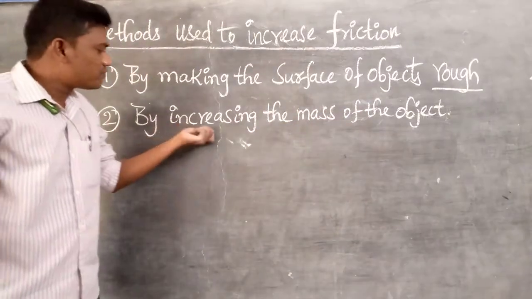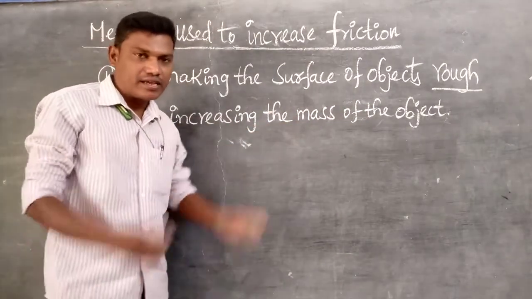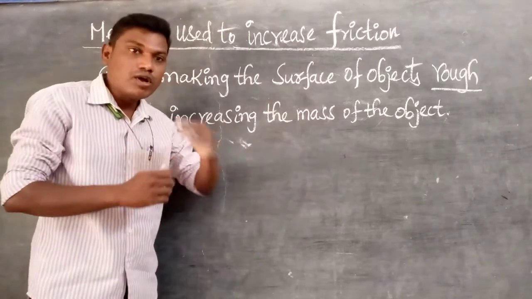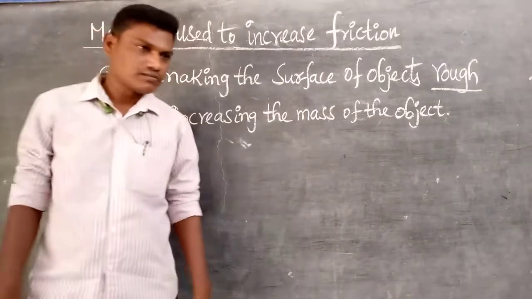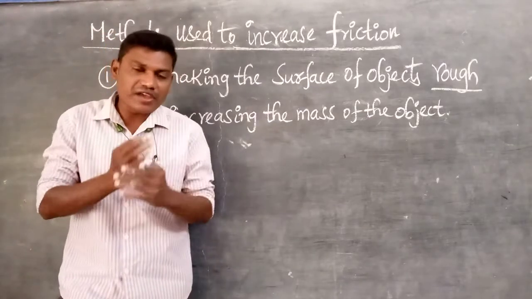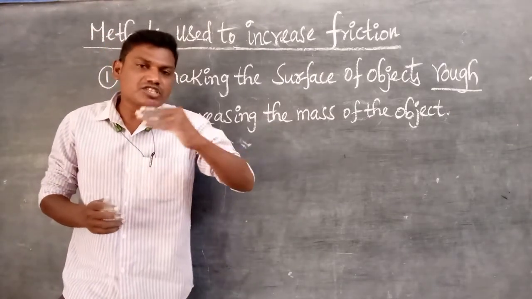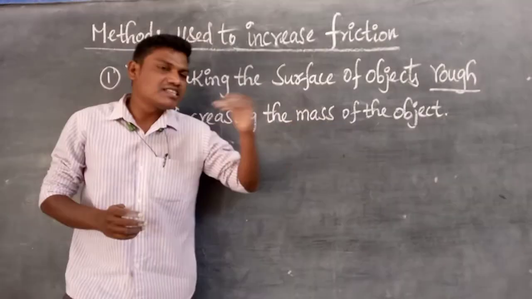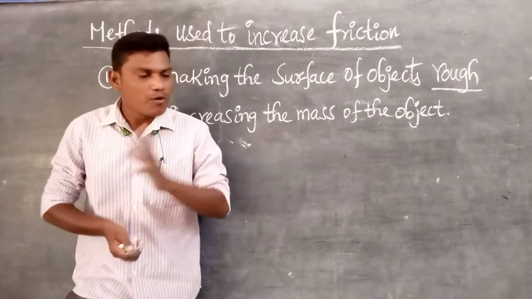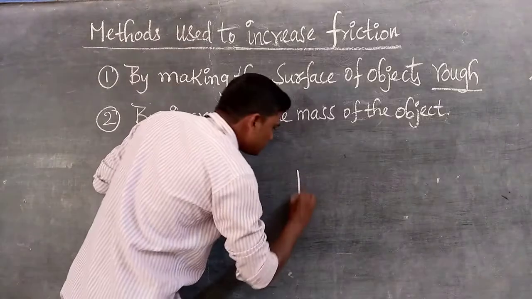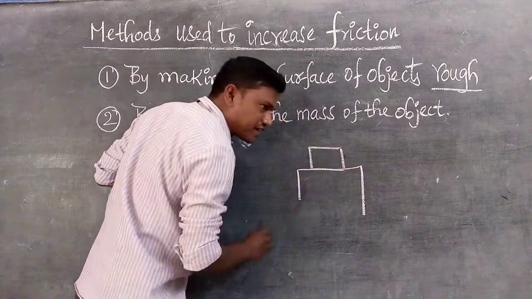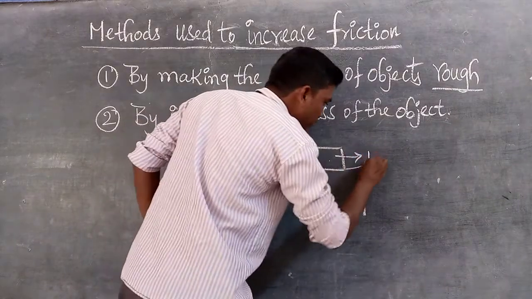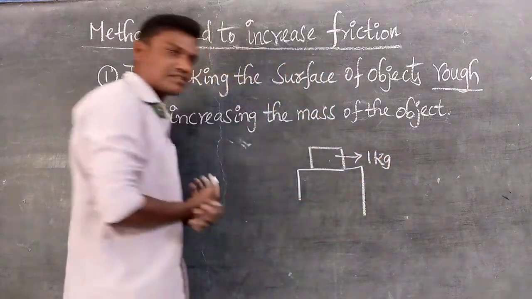Already we discussed very clearly, in the concept of how frictional force depends on the normal force, in what way we increase the frictional force by increasing the mass of the object. So what will happen if we place a brick on the surface of a table? Its mass is 1 kg.